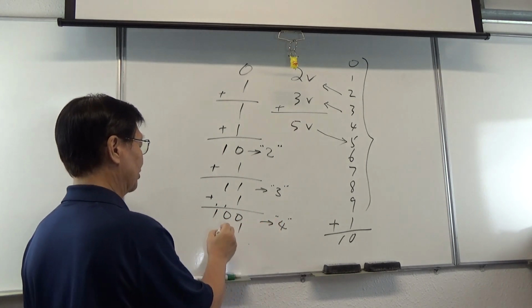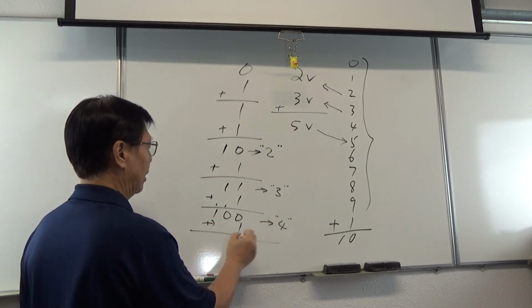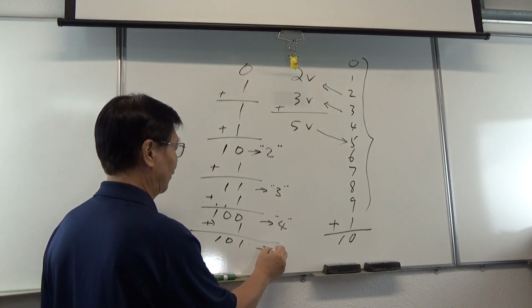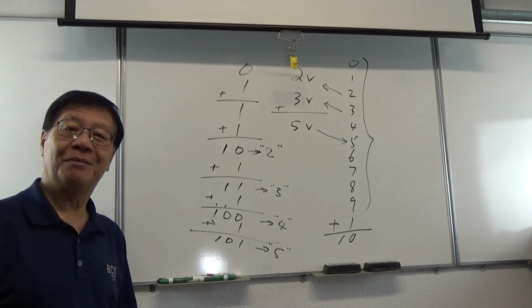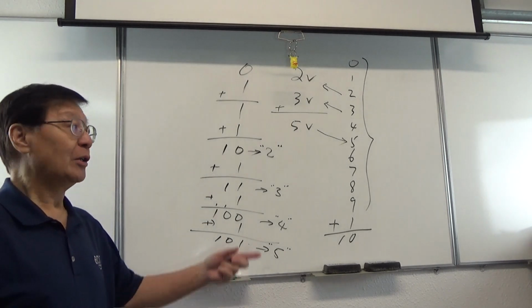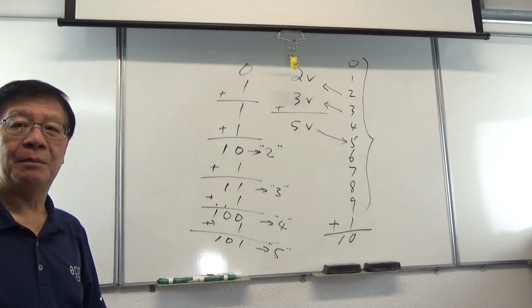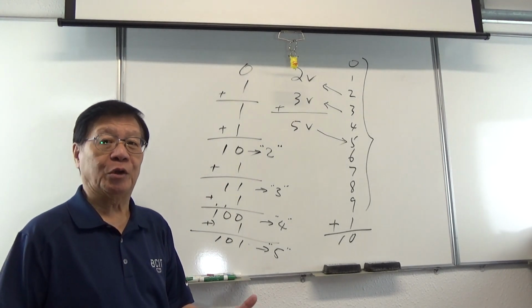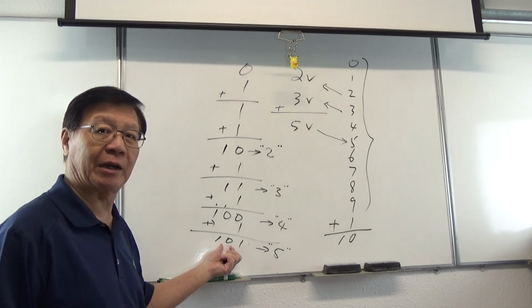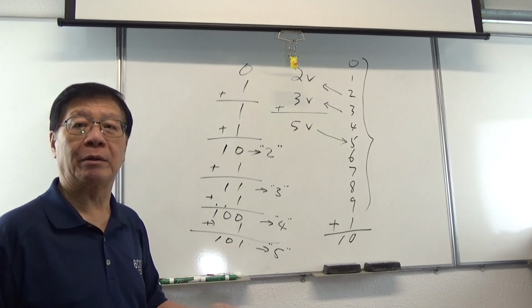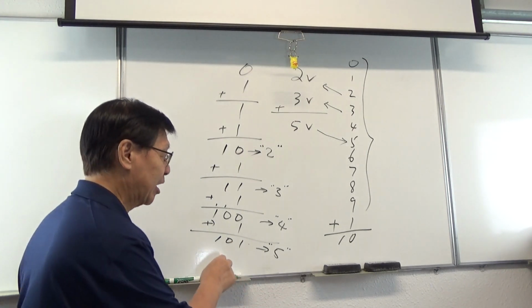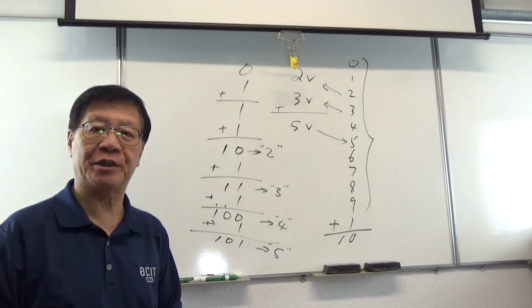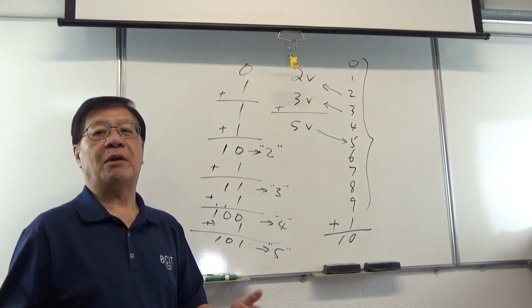One more step: 1, 0, 1 equals 5. Now we still can count. But of course, we don't feel comfortable with that kind of expression. 101, how much is it? We need a conversion back to the decimal system that we are familiar with.